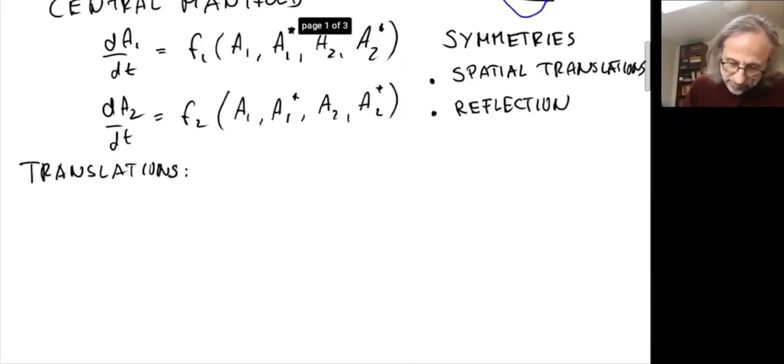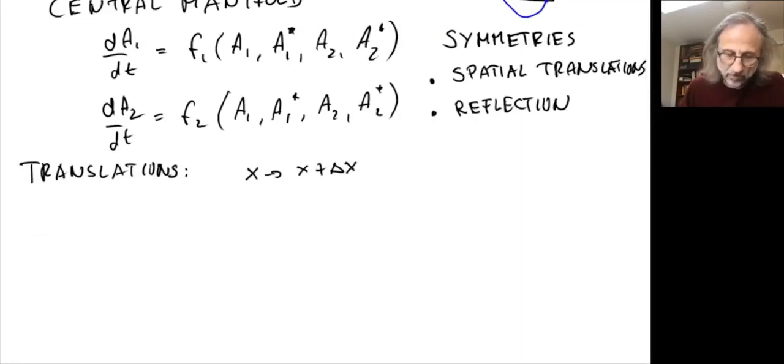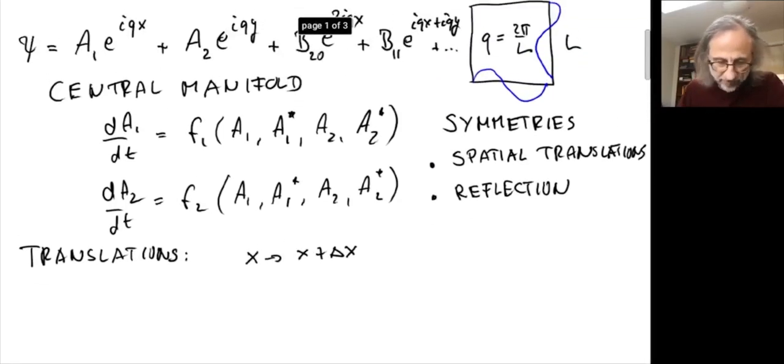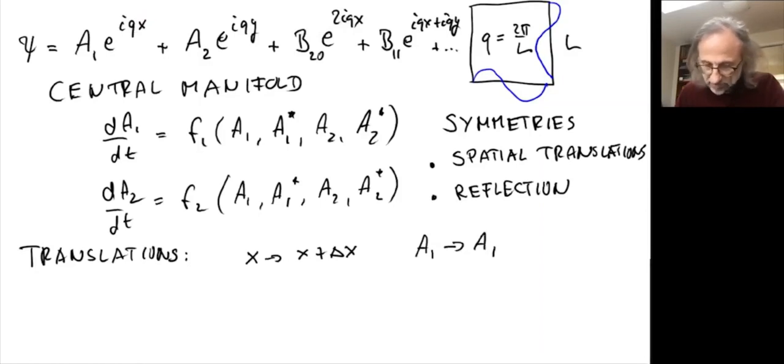So let's do a translation x going to x plus delta x. What does that mean for A1? A1 goes to A1 times e to the I q delta x. How about A2? A2 does not depend on x, so A2 just stays put.